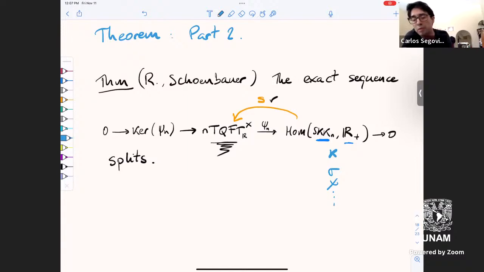Maybe that could be a problem on the boundary. Well, I suppose you could quotient the Hom sets by a cut-and-paste relation that preserves the boundary.